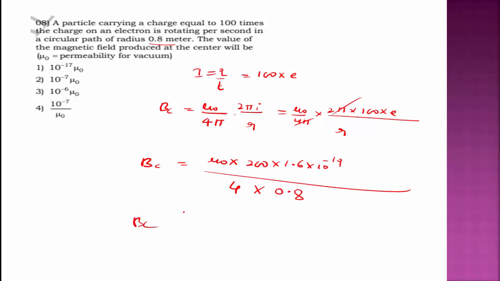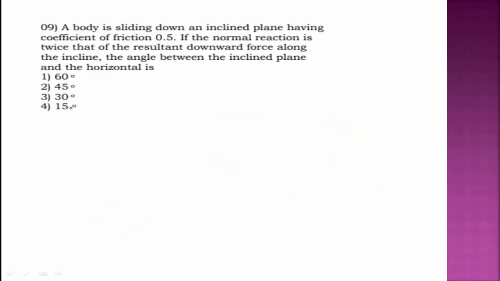When you calculate, finally we get the answer. It is in the order of 10 to the power of minus 17 mu naught. Magnetic field B_C is equal to 10 to the power of minus 17 mu naught. Option 1 is the right answer.